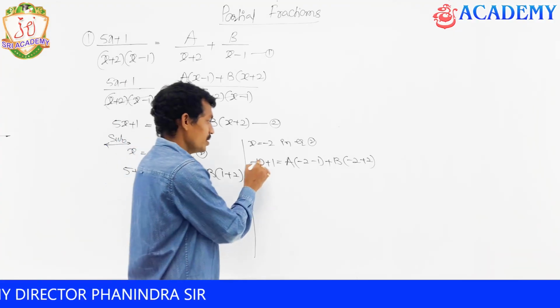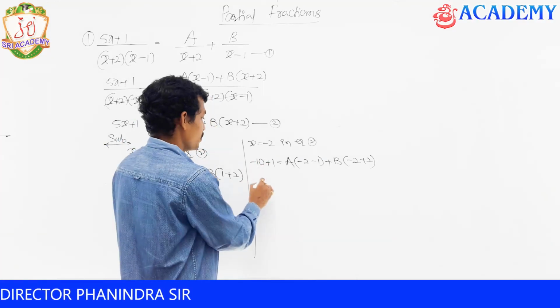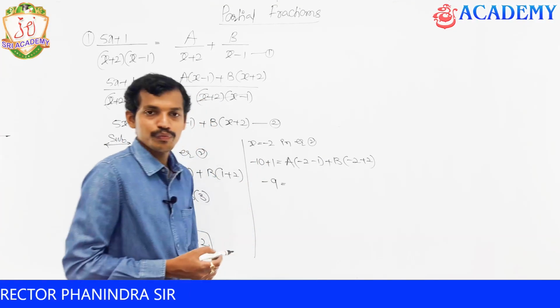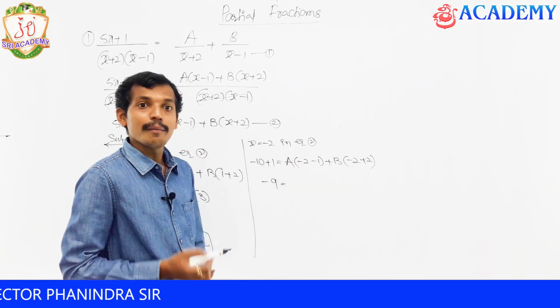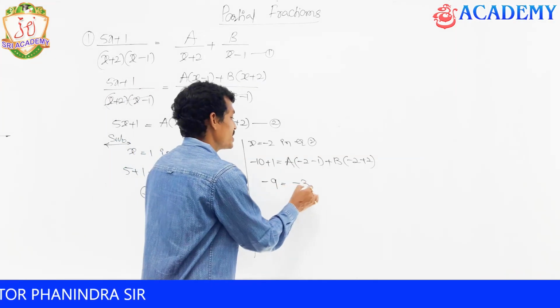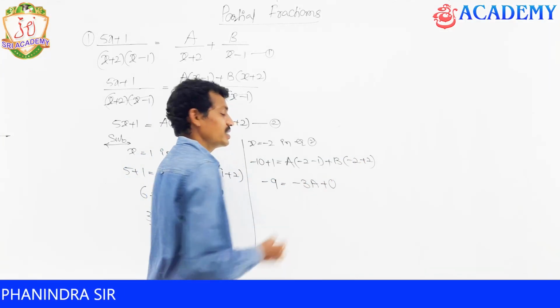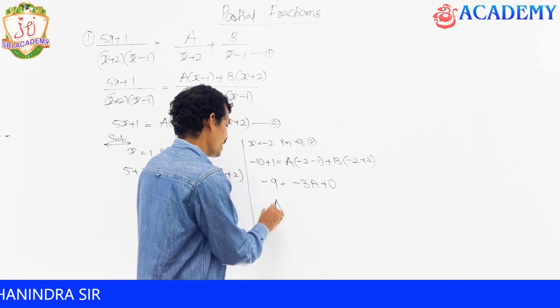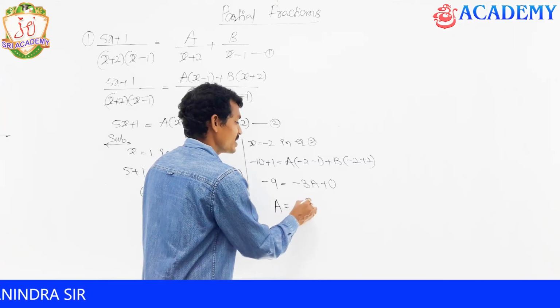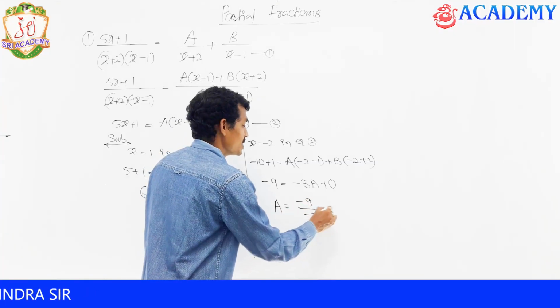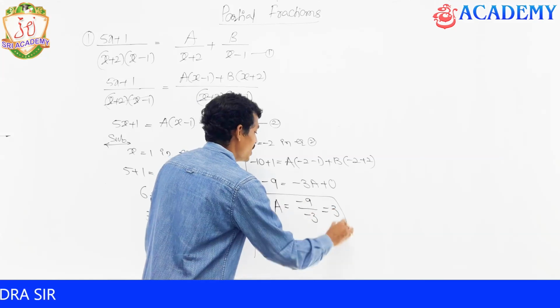Now minus 10 plus 1 is minus 9 equals minus 3 into a, that is minus 3a, plus 0 into b, 0. So a equals minus 9 divided by minus 3, which is 3. Now the a value is 3.